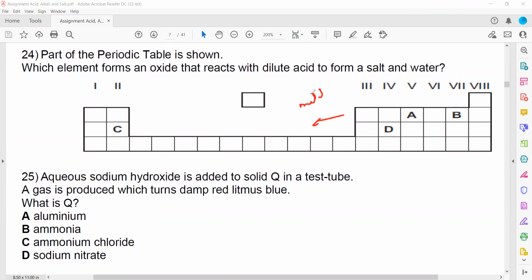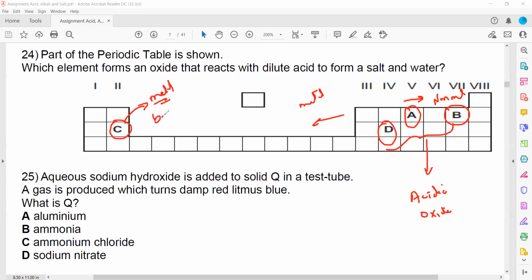On the right-hand side we have non-metals. Non-metal oxides are acidic oxides. Whereas C is a metal, so it will have a basic oxide, and basic oxides can react with acid. That's why C is the right answer.